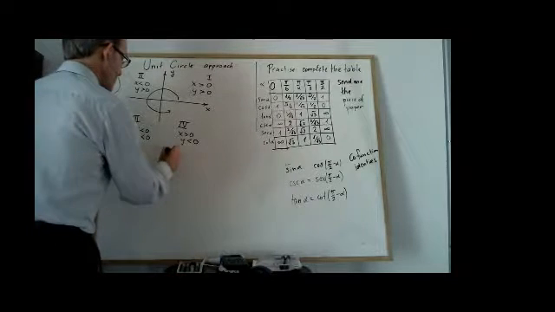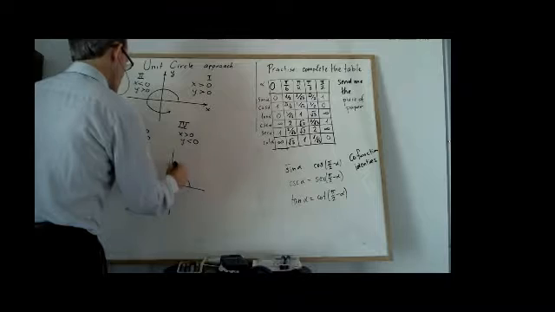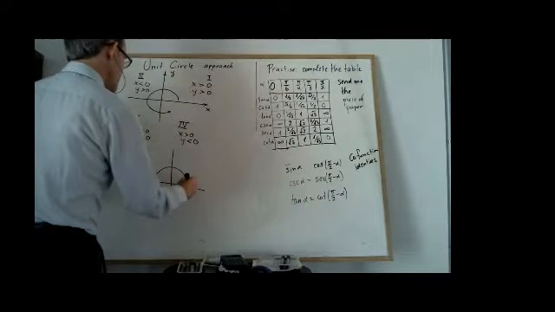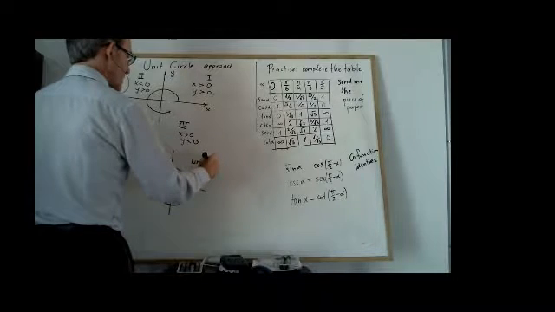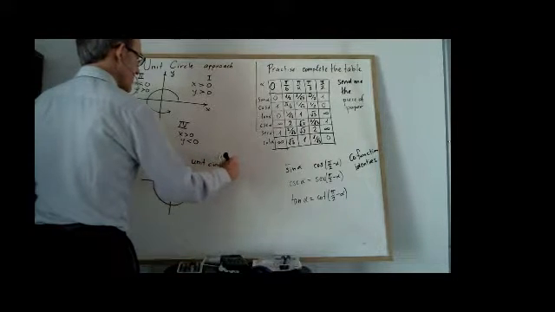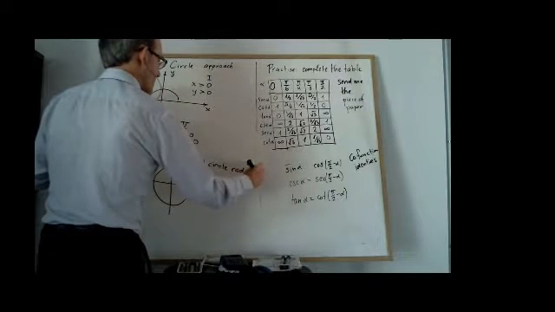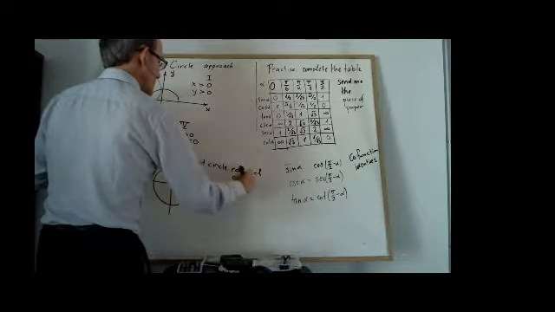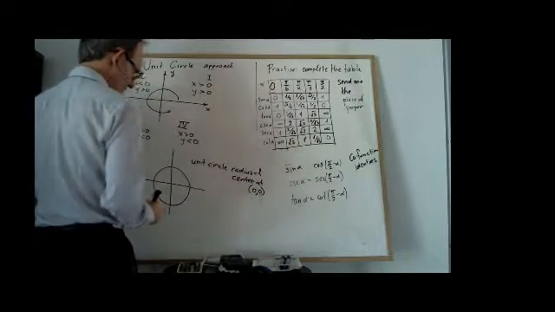Okay, so in the unit circle approach, let me draw it again. We'll draw the unit circle. So the unit circle has a radius of 1. And the center is at 0, 0.